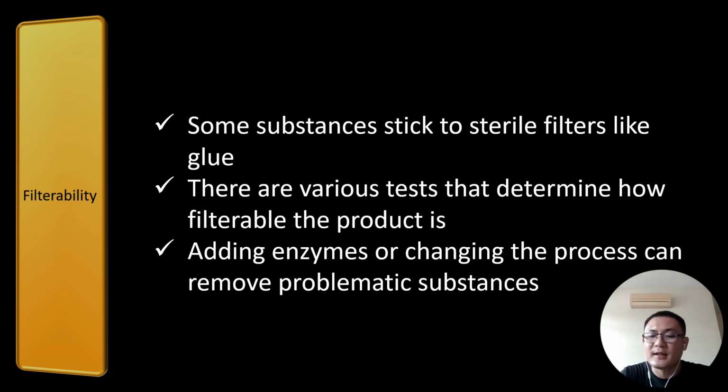The enzyme protease can be used to remove protein. We can also adjust the brewing process to remove these substances. For example, we can use well-modified malt, which has lower glucan content. Once we manage to remove these problematic substances, then the performance of the sterile filter can be sustained.